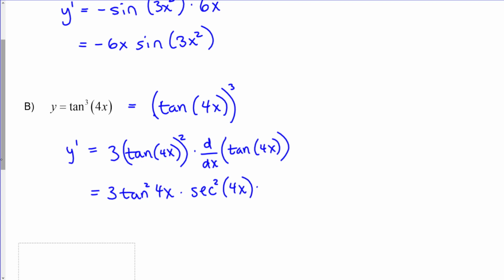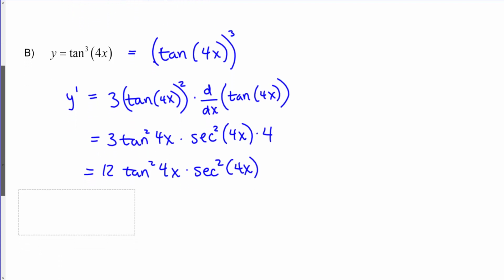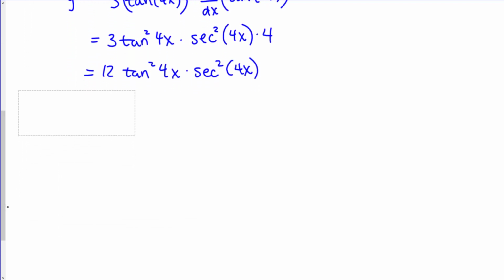The derivative of 4x is 4. So in the end, I've got 12 tangent squared 4x times secant squared 4x. I'm giving you lots of examples in this video, but I am getting more and more difficult examples as we go along.